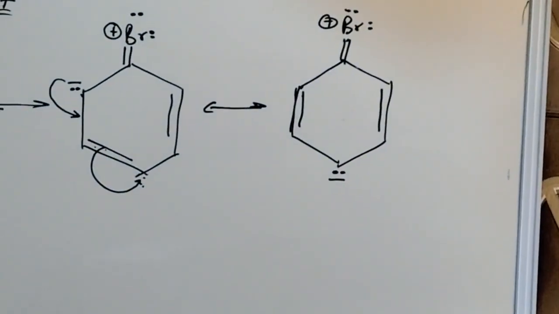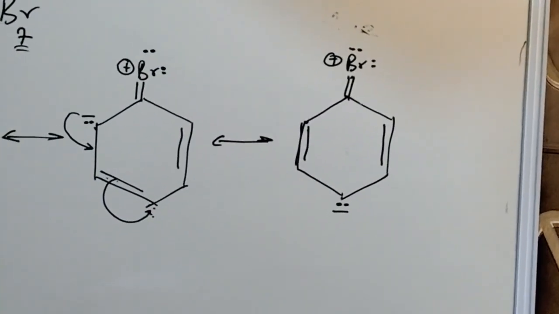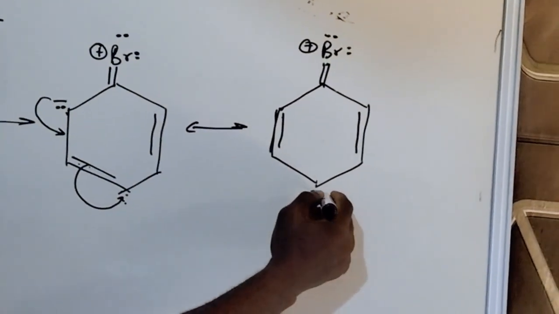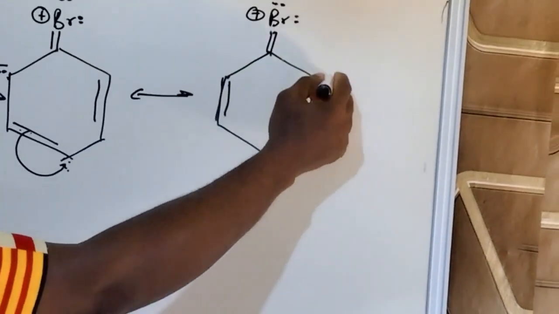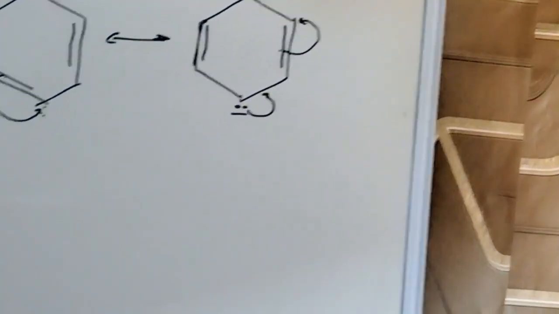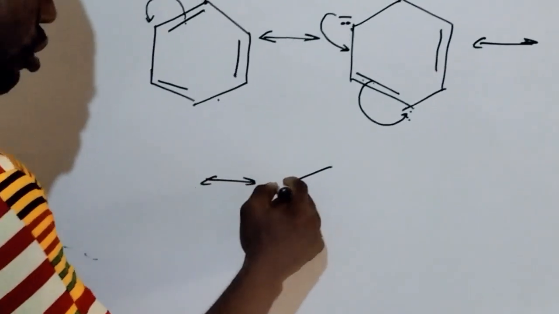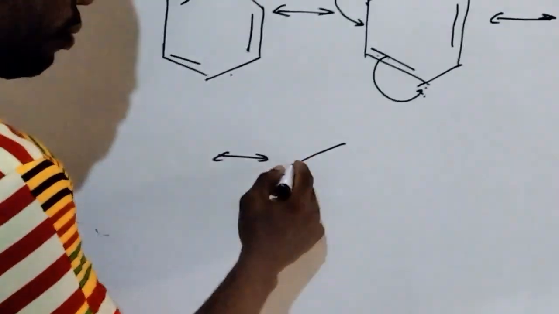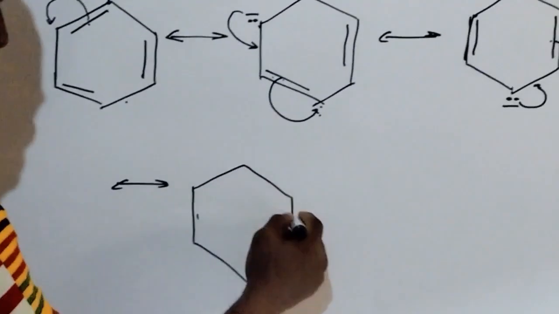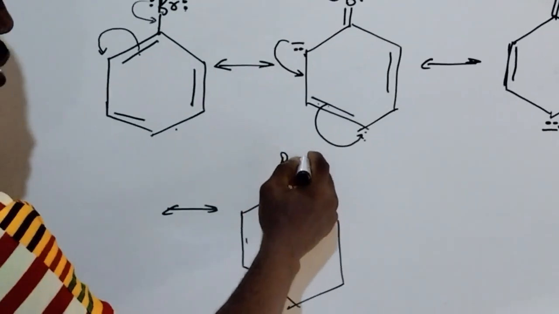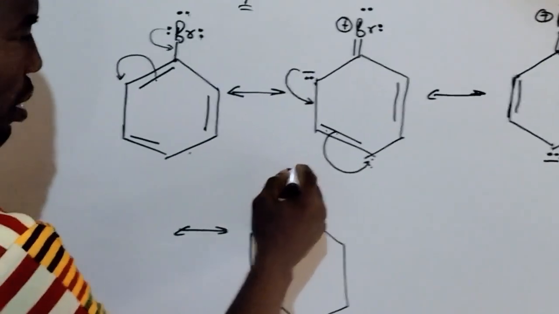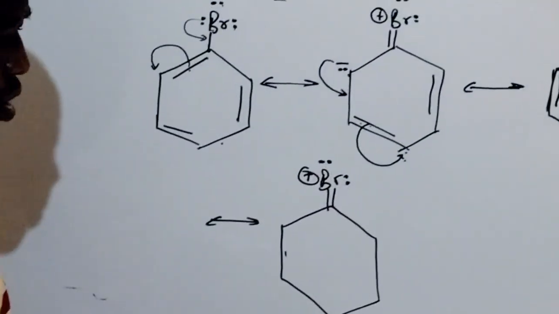Also, we can still get another resonating structure. We shift this electron into this point, while this electron here shifts to this point. So we now have another structure drawn. We have bromine with four electrons around it, electron deficient, a positive ion.